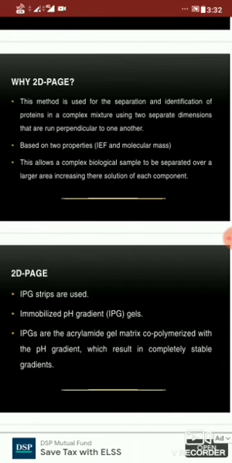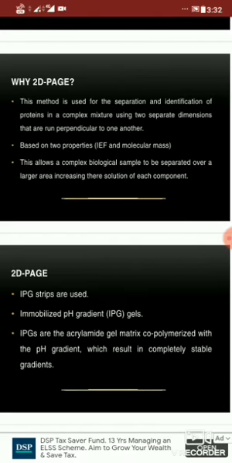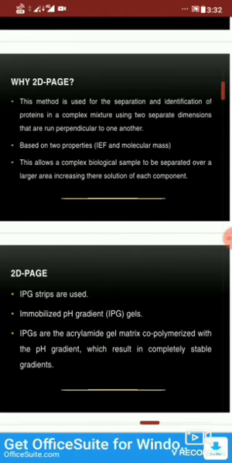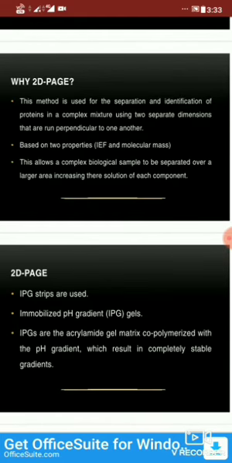For example, a protein is around 46.8 Dalton and the other one is around say 47 Dalton. If you do a normal SDS PAGE, which is a one-dimensional electrophoresis, you will not be getting two separate bands for these two proteins. They will not get separated very clearly and you will see them as a single band.